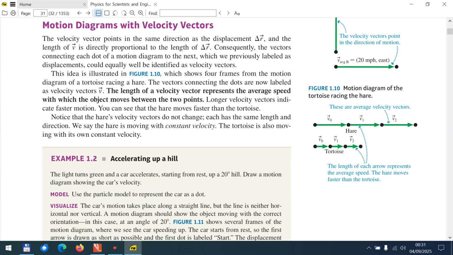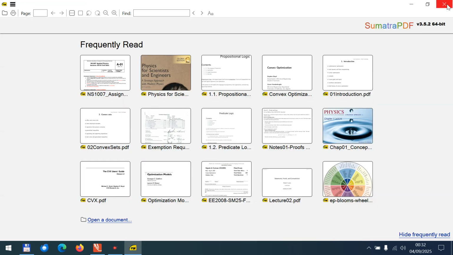So the velocity vectors you indicate in a motion diagram, because you don't know what happens between one frame and the next frame, you cannot assume constant velocity every time, because you need justification for that. So constant velocity is not an assumption we can always make. So the safest thing to do is to choose a convention where you just indicate the average velocity between two frames. So that's exactly what we'll do right now.